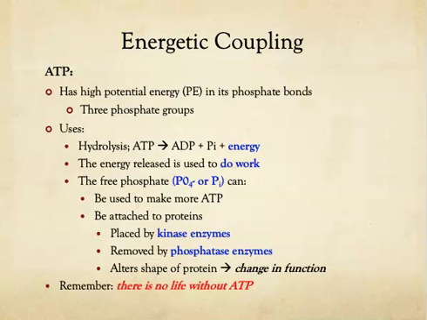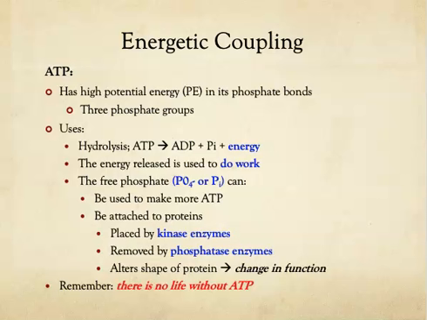Anytime you take something off of a protein, you're going to cause that protein to change shape. And anytime a protein changes shape, it changes function. So cells use phosphate groups to change the function of proteins, to turn them on or activate them, and to turn them off or inactivate them.